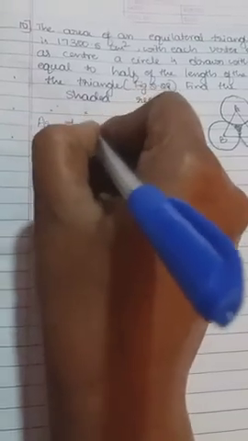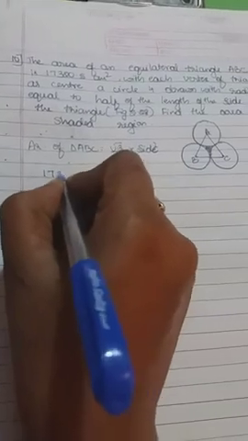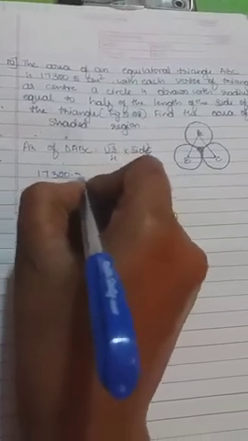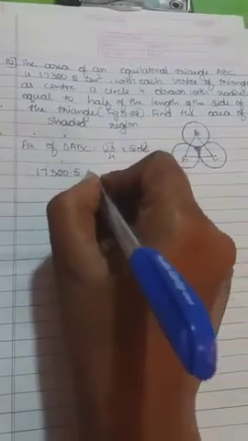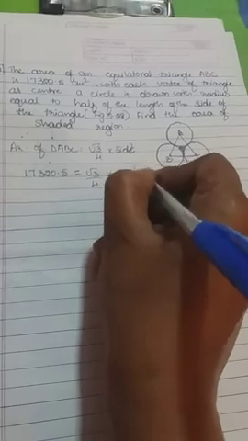Area of triangle ABC. Which triangle is it? Equilateral triangle. So that's why the formula will be root 3 divided by 4 into side square. The area of triangle ABC they have given is 17,320.5, equals root 3 divided by 4 into side, we don't know, write as it is, side square.